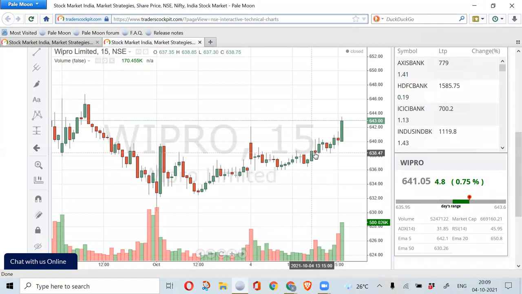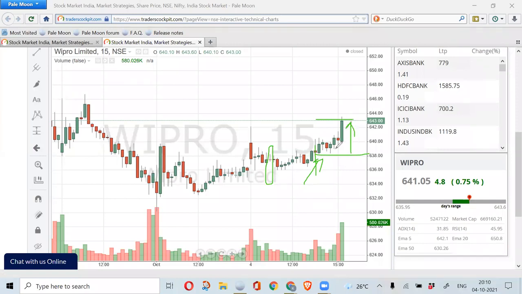So this is the candle at 10:15 where the stock is in range bound, and this is the candle at 1:30 where the stock started going bullish. So you can execute a trade here, and starting from 638.2 to 643, the stock went bullish in the afternoon section.